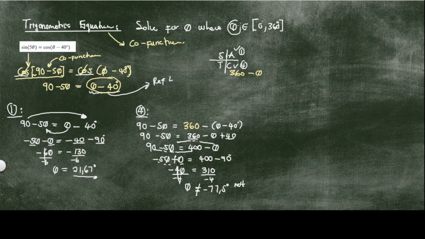Because our theta should be between 0 and 360, and negative 77.5 is not within 0 and 360. So this is not part of the solution.